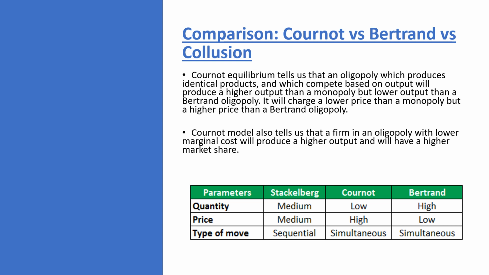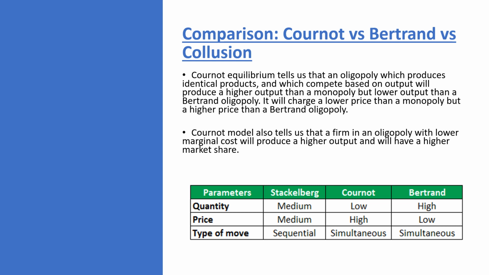So the Cournot equilibrium tells us that an oligopoly which produces identical products will compete based on outputs. And that will mean that it will have a higher output than a monopoly, but a lower output than a Bertrand oligopoly. And it will charge a lower price than a monopoly, but a higher price than a Bertrand oligopoly.